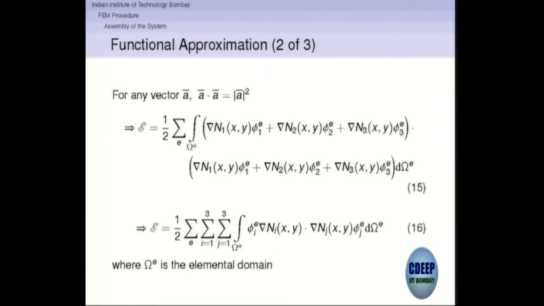Do you agree? Those 9 terms you can express as a double summation, i goes from 1 to 3 and j goes from 1 to 3, and then you get this nice expression in terms of equation 16.